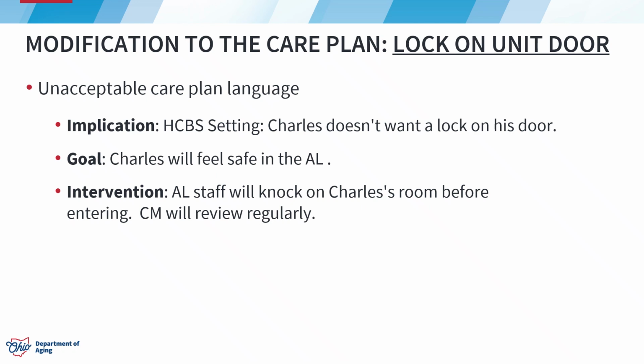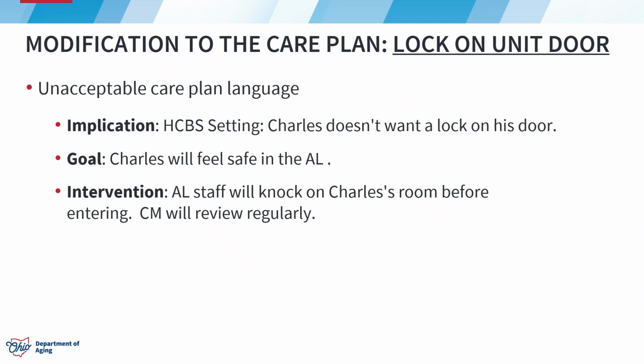We are going to start with the lock on the unit door, which was the first requirement that we talked about, and this is an example of unacceptable care plan language. It simply does not have information about the assessed need for Charles. There is no information about previous interventions that worked but failed. I'm going through the modification documentation requirements as a guide to explain why this care plan language is not acceptable.